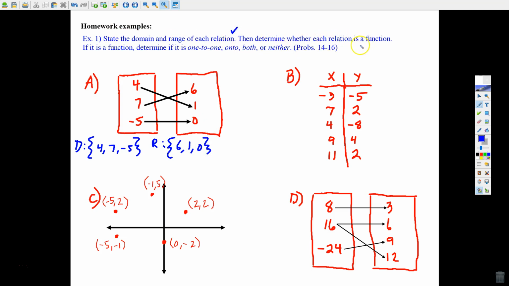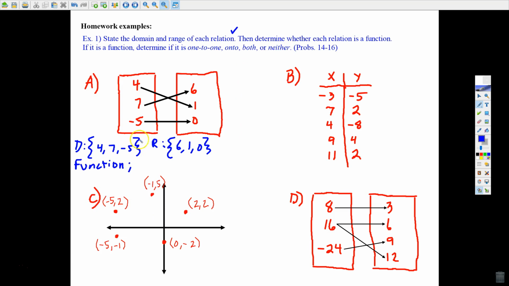Determine whether each relation is a function. Well, do we have any repeats in the domain? We do not, so I'm going to say function. If it is a function, is it one-to-one, onto, both, or neither? Basically, it's going to be neither if it's not a function.